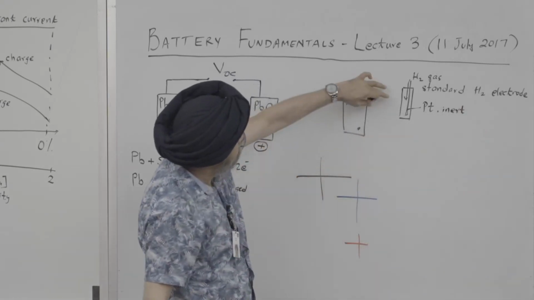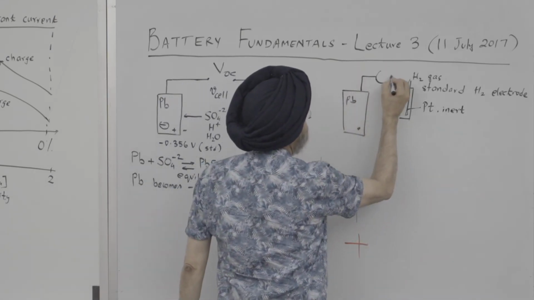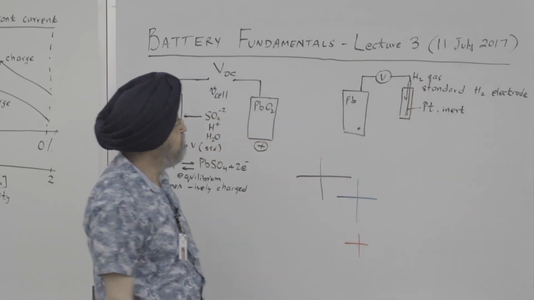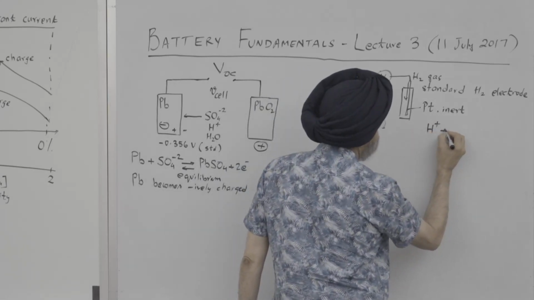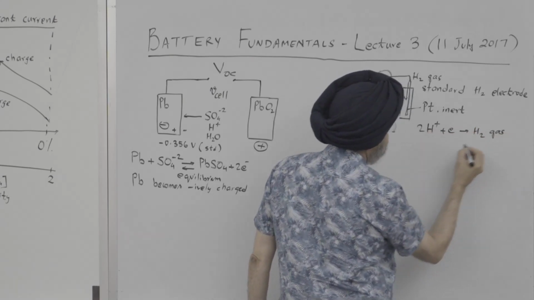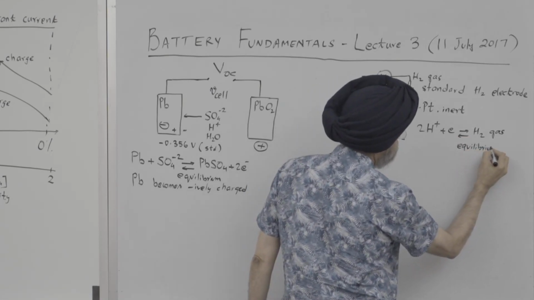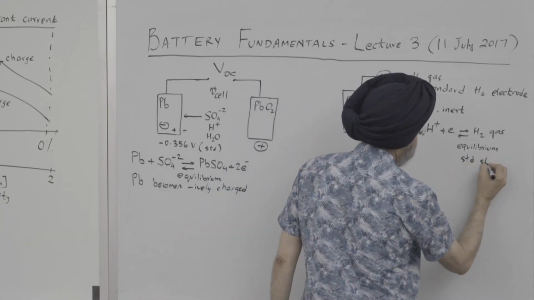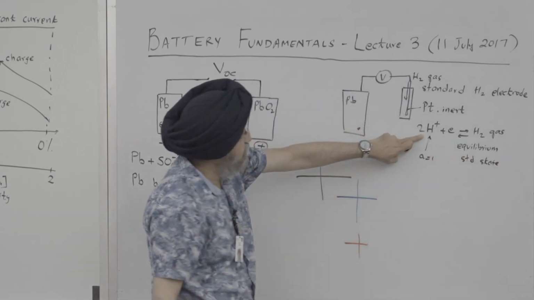So you bubble hydrogen gas, and so you measure this voltage between the platinum and the lead, and the reaction on this side will be H plus electron giving you H2 gas, and this is also under equilibrium condition, so under standard state, meaning this constant activity is 1, so concentration of hydrogen ions is 1.